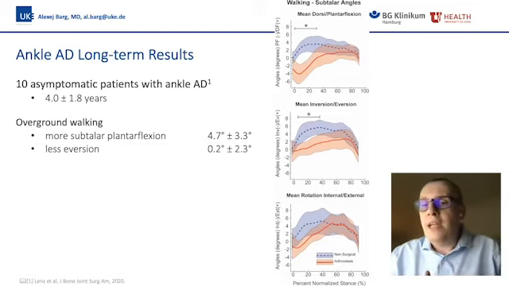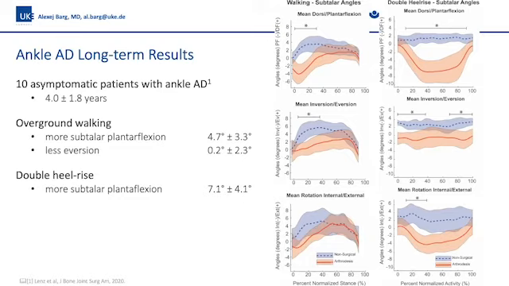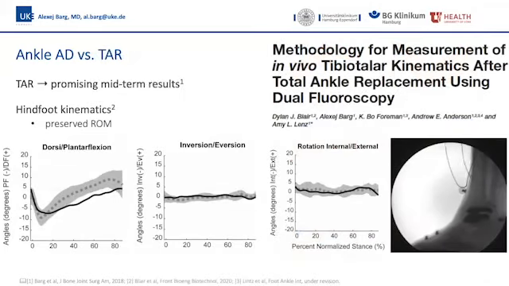So some of you may say 7 degrees, this is almost nothing, but keep in mind how many millions of steps the patient still has to take. So this explains why the patient may develop secondary osteoarthritis in the adjacent joints when you do the ankle fusion. And this is a pilot study.